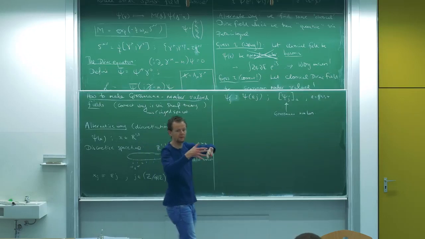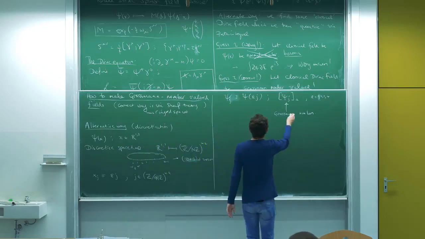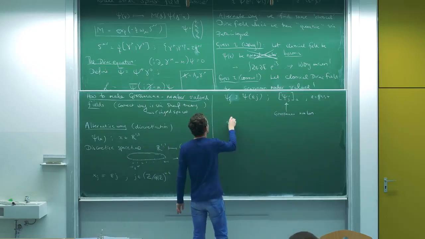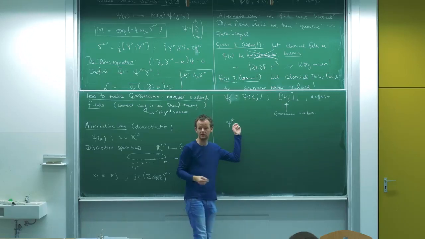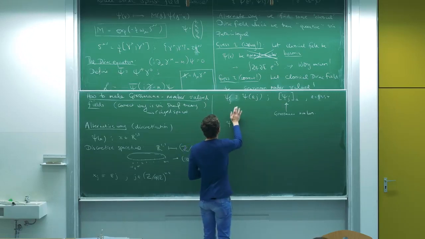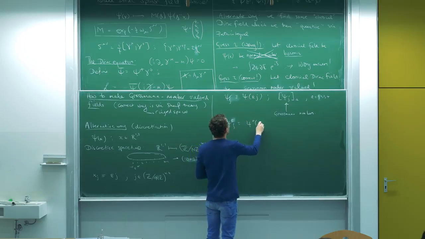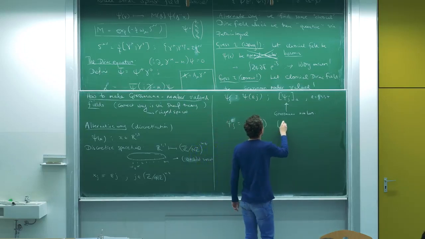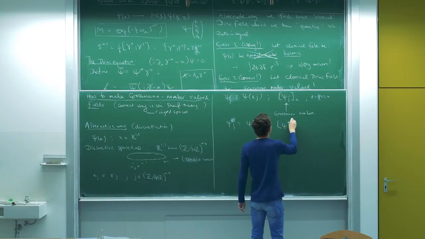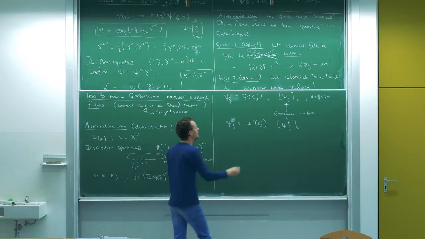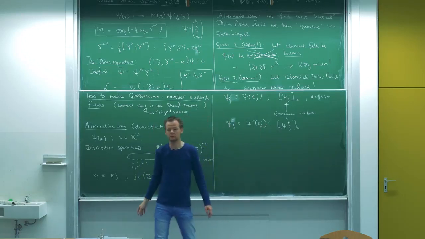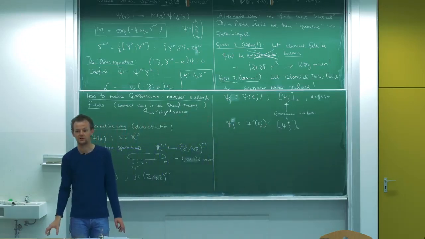And then of course we have their complex conjugates. We also have to define psi dagger j. And again, we do so by a list of 4 complex Grassmann numbers like that.